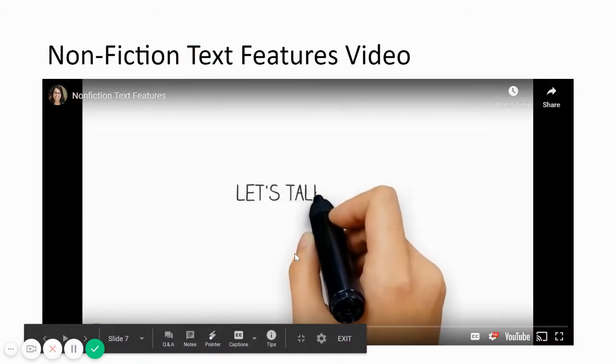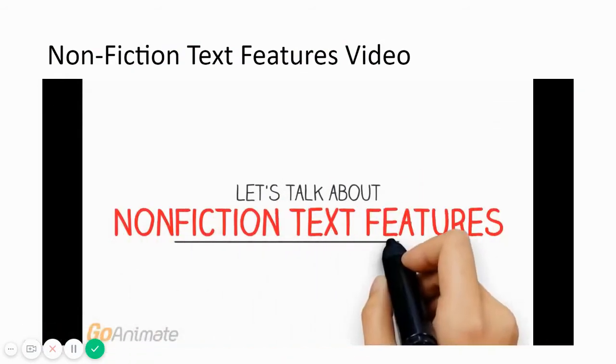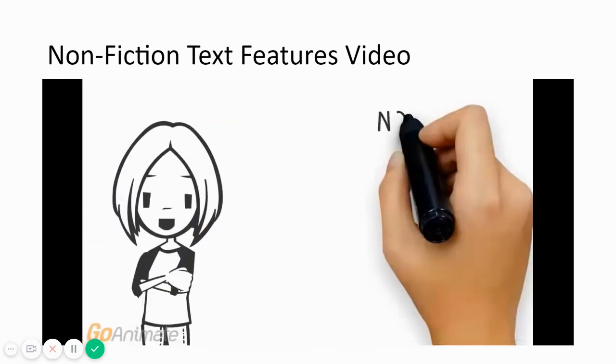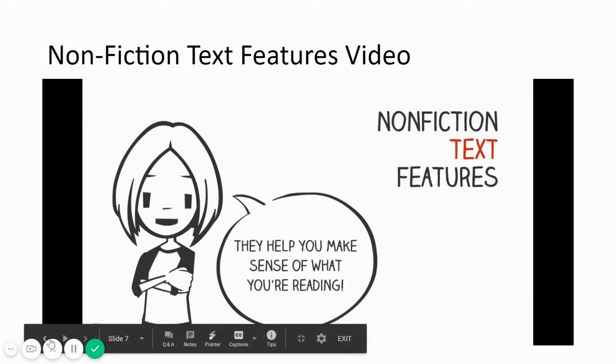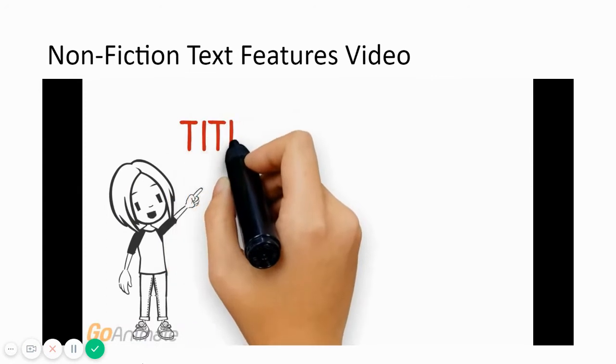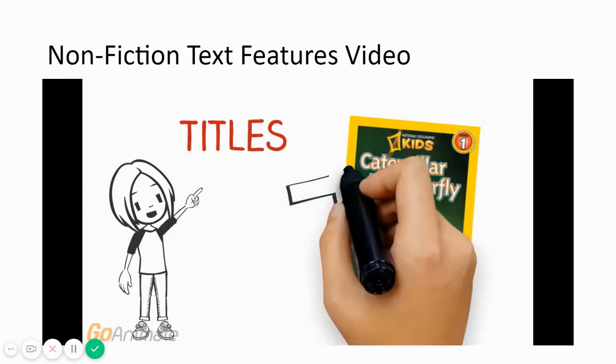Let's talk about nonfiction text features. Text features are the things found in nonfiction materials that help you make sense of what you're reading. These text features can also help you decide which pieces of information are the most helpful to you. Titles are usually located at the top of the page or front cover.